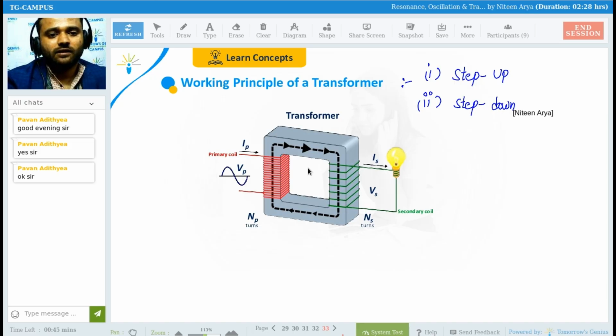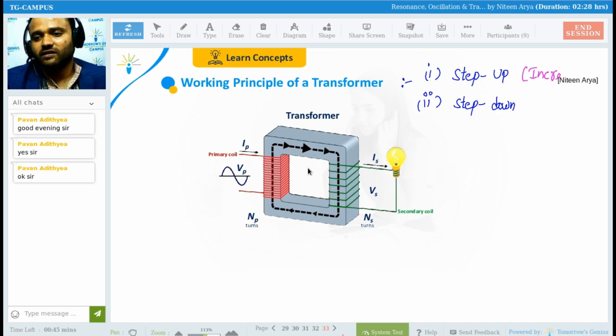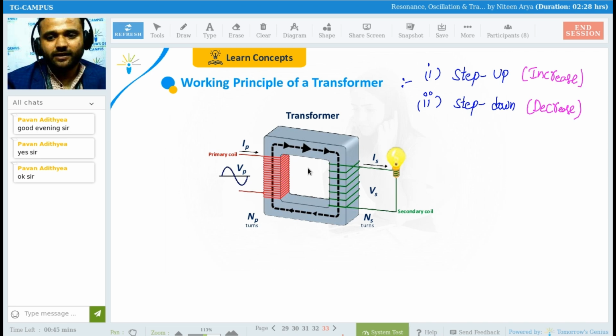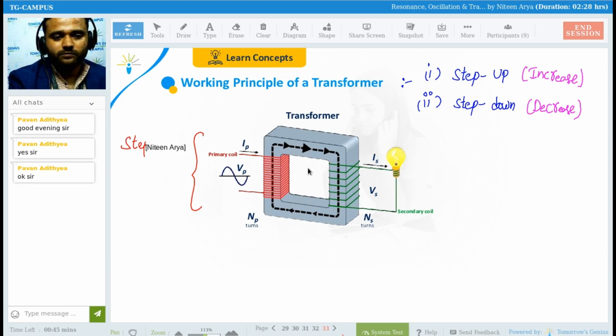I'm just going to write increase or decrease, on the secondary coil. Obviously, you can see that the number of turns on the primary is higher than on the secondary, so this one is step down.